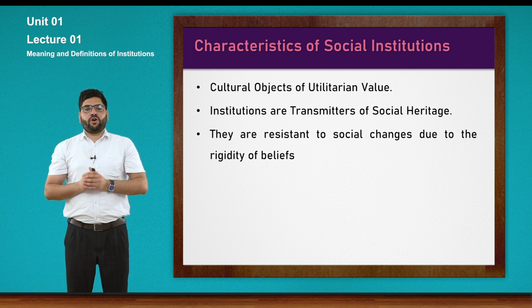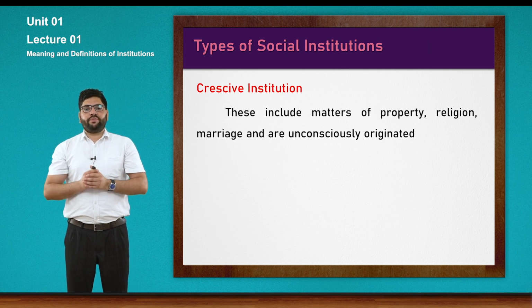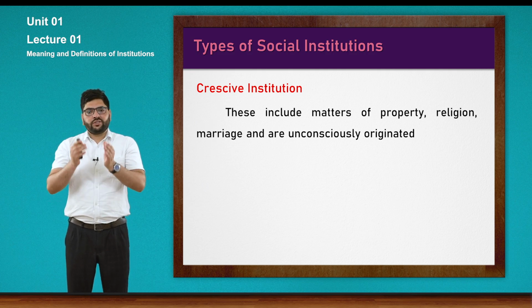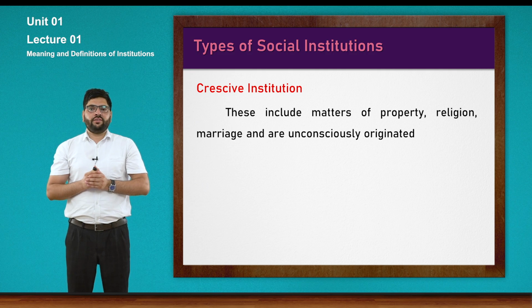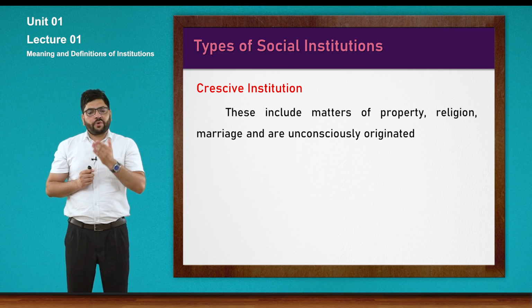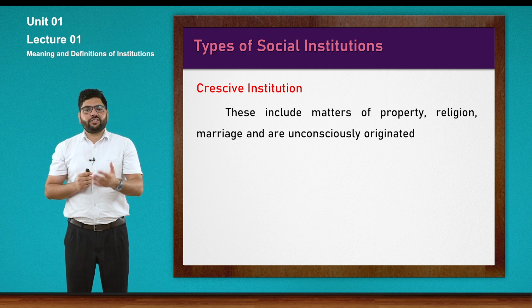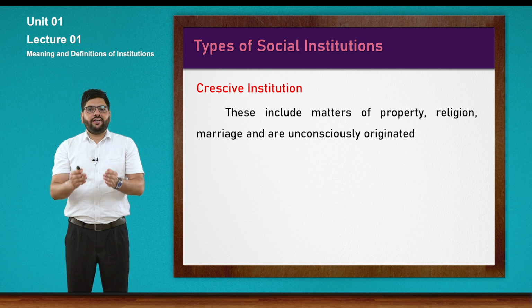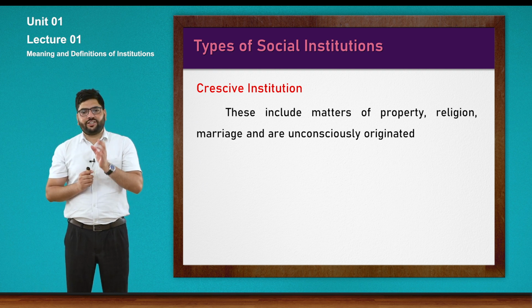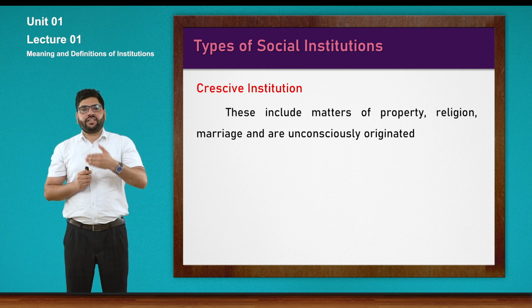So let us have a look at the types of these institutions. The first type is the coercive institution. Who are they? These include the matters of property, the matters of religion, and the matters of marriage, and they are unconsciously originated. That means they are not originated through conscious or deliberate efforts.